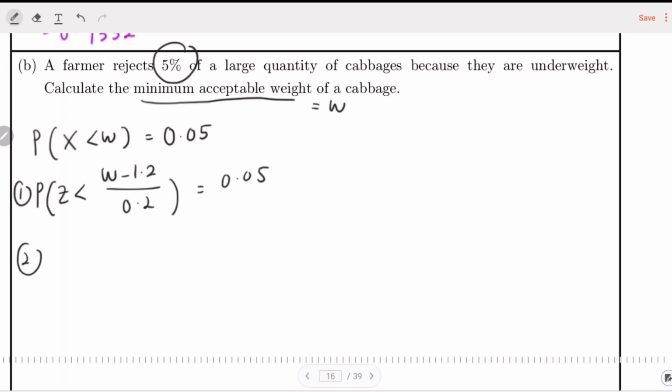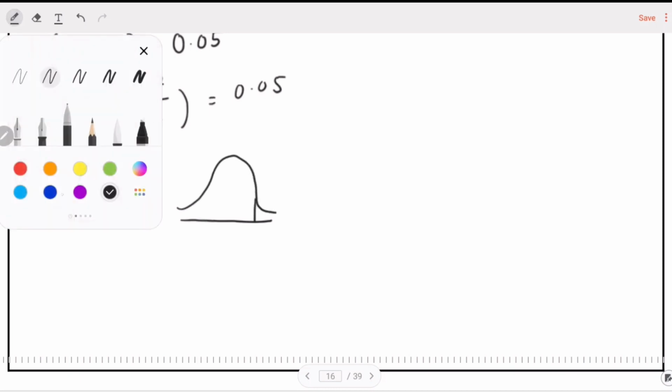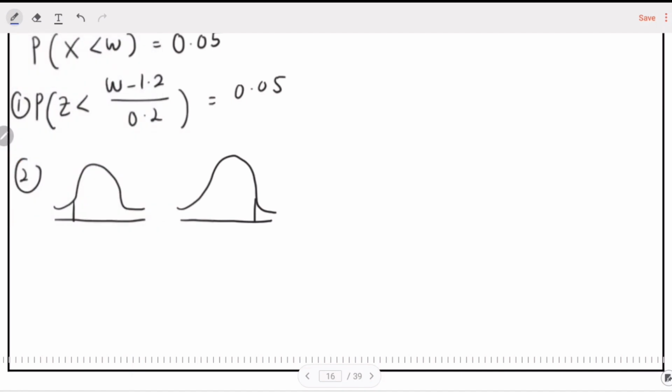Second step is to sketch the bell shape, but since our Z is unknown, I would prefer to sketch 2 bell shapes and check whether the value of Z lies on the negative side or on the positive side. So the value of Z is W minus 1.2 divided by 0.2, and here is also the same.